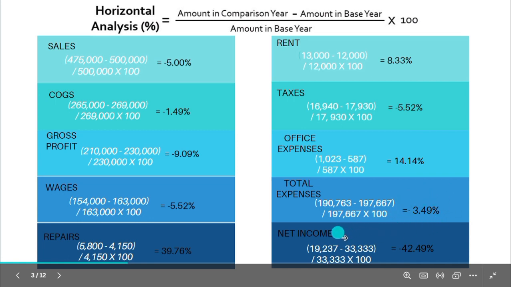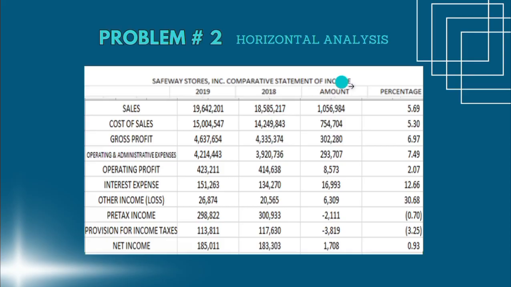For the net income, again, 19,237, which is the amount in comparison year, minus 33,333, which is the amount in base year, divided by 33,333, which is the amount in base year, times 100, is equal to negative 42.40%. And that's how we compute the horizontal analysis.